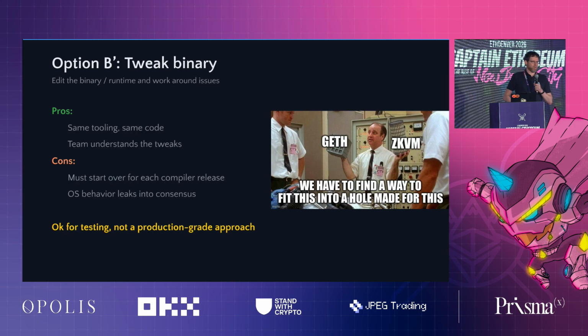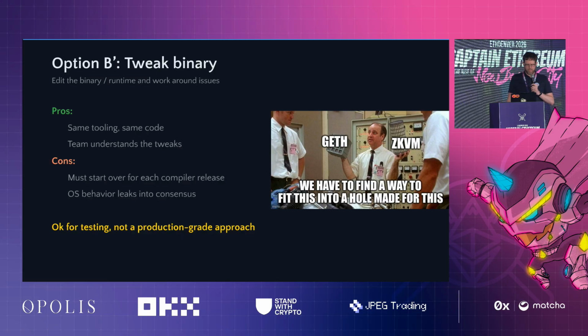And then, of course, there's option B prime, aka fit a square peg into a round hole. In that one, you try to bypass the problem entirely by taking a binary that is designed for Linux and hacking bits and pieces of it to make it fit in the zkVM.